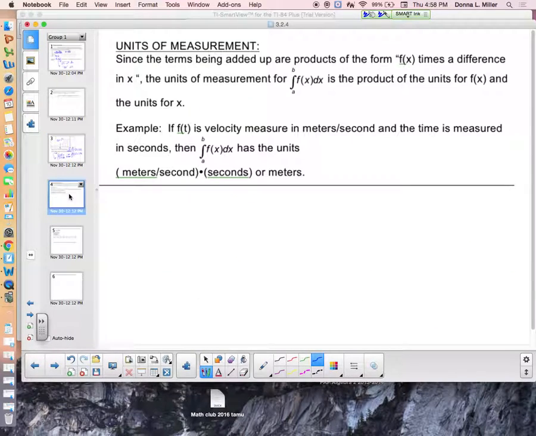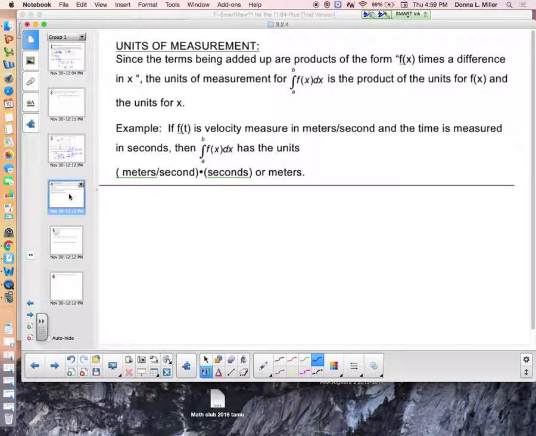All right, let's talk about units though, since the elements being added up are products of the form f of x times the difference in x. In other words, the width times the length of the rectangle. The units are the product of the length and the width.